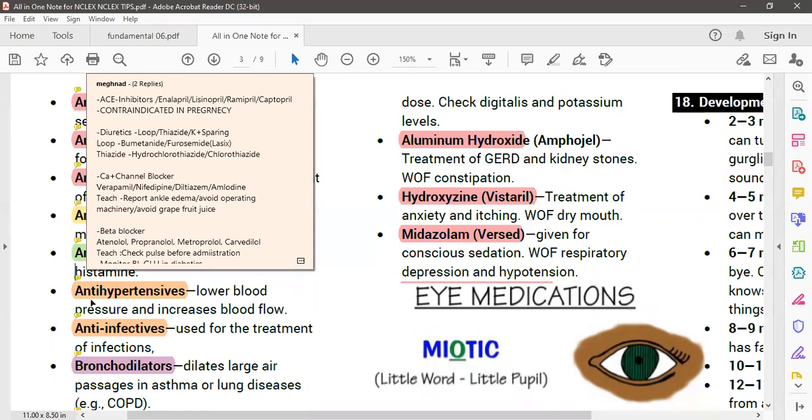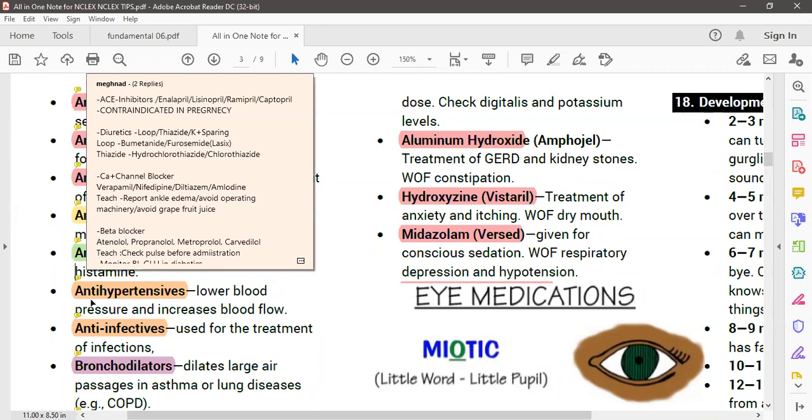We call the spironolactone. So loop diuretics, the common examples are bumetanide or Lasix or furosemide, torsemide. And thiazide diuretics are hydrochlorothiazide or chlorothiazide.